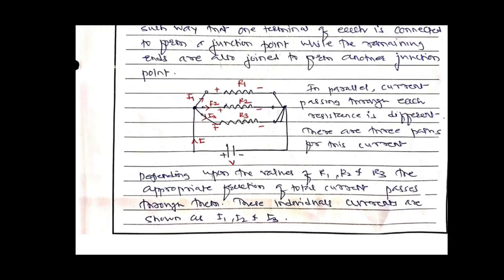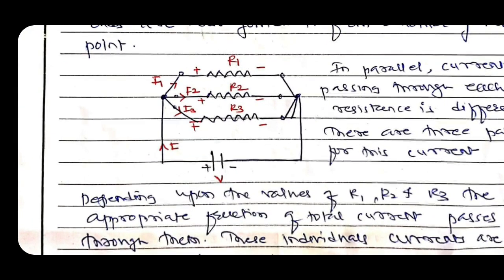So in a parallel circuit there are different paths for the current, because the resistors are connected one across another. Here I is the total current flowing in the circuit. At this junction the current is distributed.